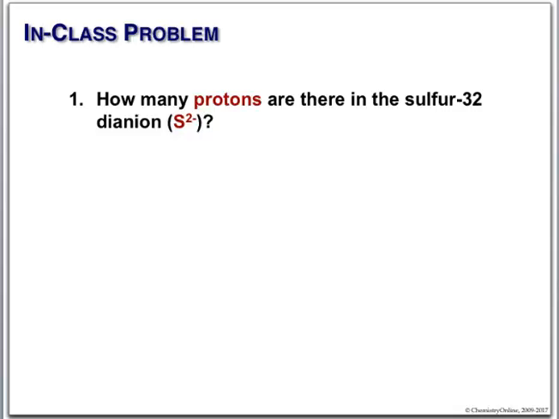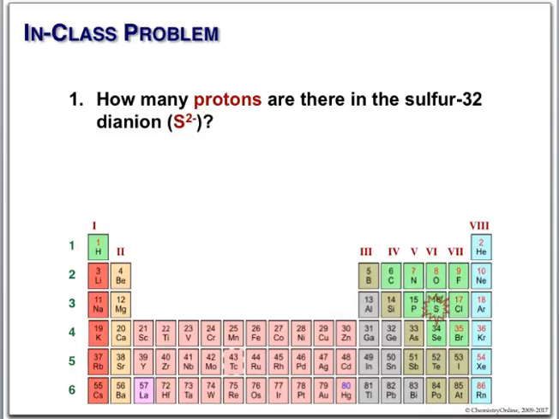Here we have sulfur 32, and it's a dianion. How many protons are in there? Now, if you've done the proton, neutron, electron tutorial, this should be trivial. What you do is look at your periodic table. You can find sulfur. Now, here's our sulfur.